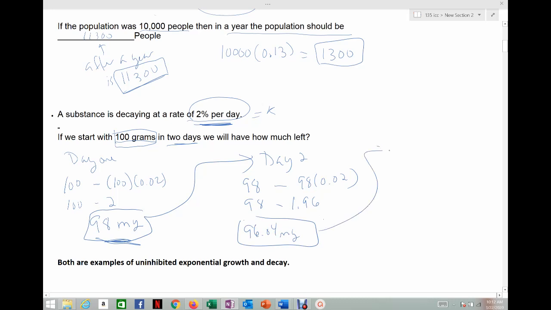And then on day 3, the same thing would happen: you would lose 2% of the 96.04. That's what it means by exponential decay. Exponential growth works the same way, you're just adding instead of subtracting.